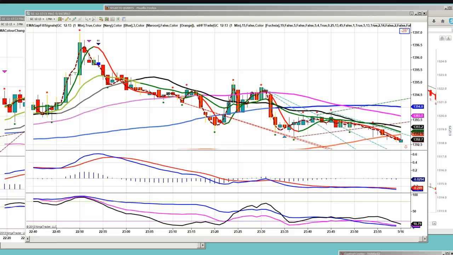In hindsight, the HMA color change with the angle always looks good, like a sure thing, but it's the developing trajectory that's not always so clear in real time. Not always so clear.